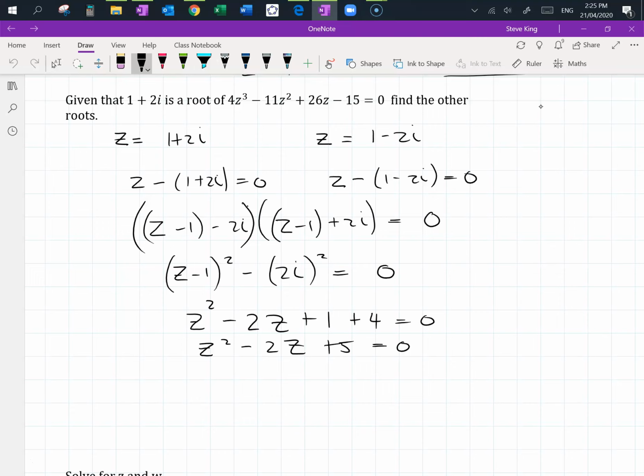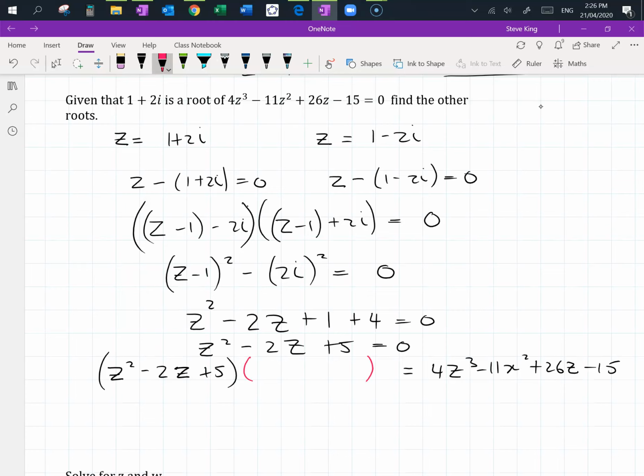But I know that those are two solutions, so I've got two factors there. In other words, z squared minus 2z plus 5 is a factor of the equation 4z cubed minus 11z squared plus 26z minus 15. So I can now work out what my missing factor is going to be.